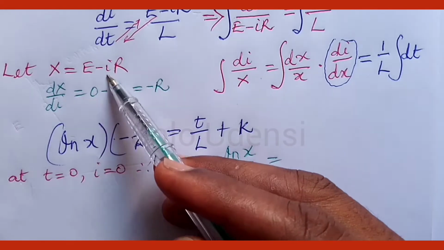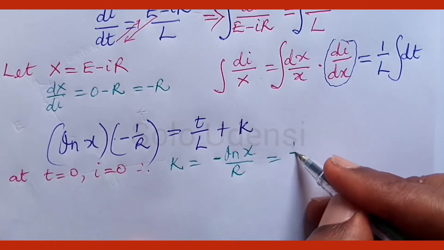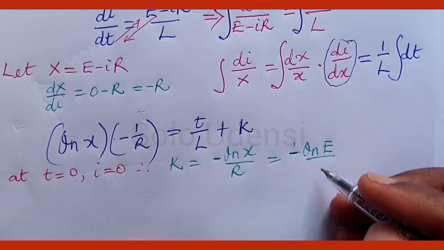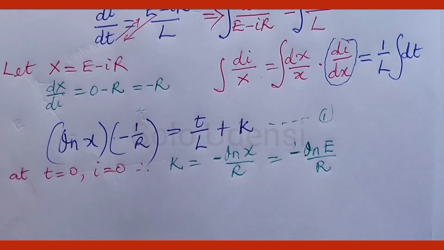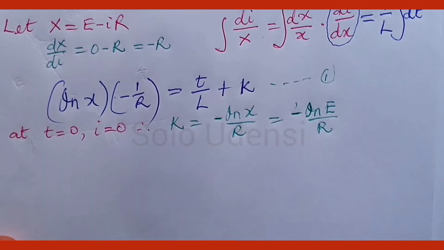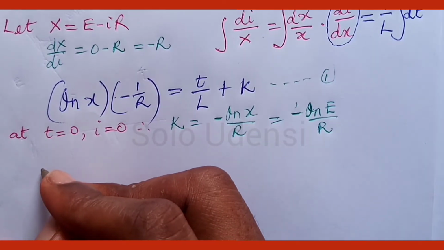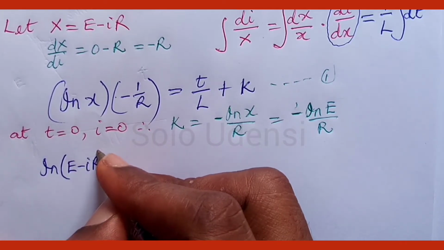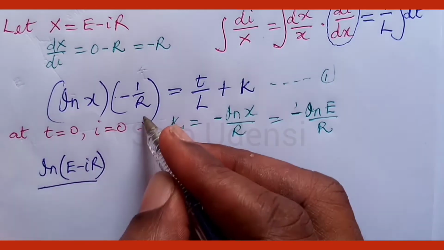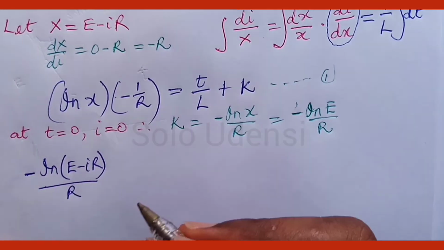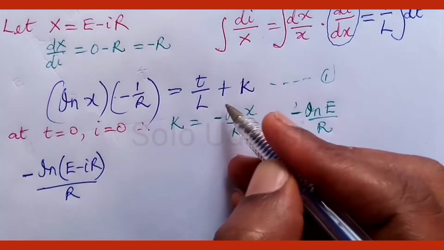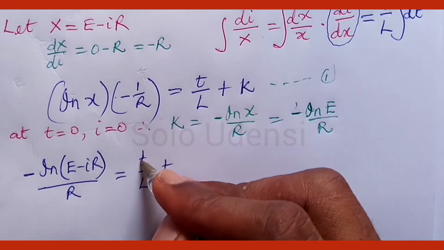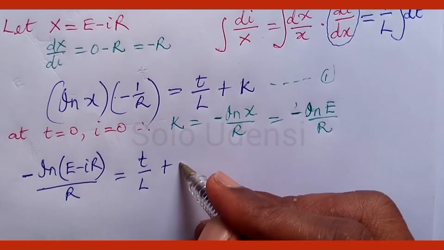So, and I is 0, so it's just minus log E over R. We put it back into equation 1, and we have log, remember x is E minus IR over R, that's minus here, is equal to t over L plus minus log E over R.